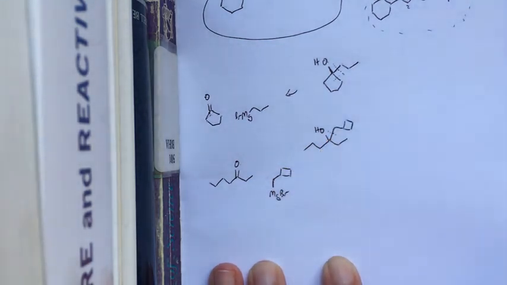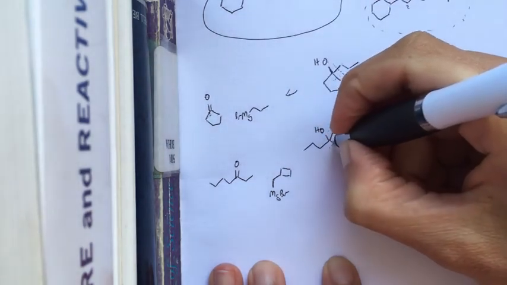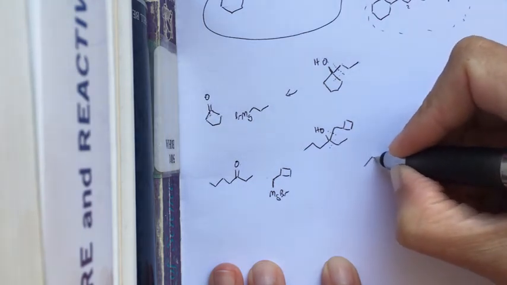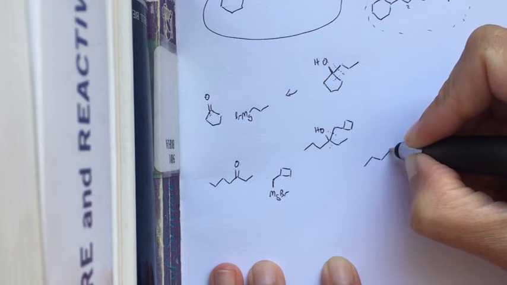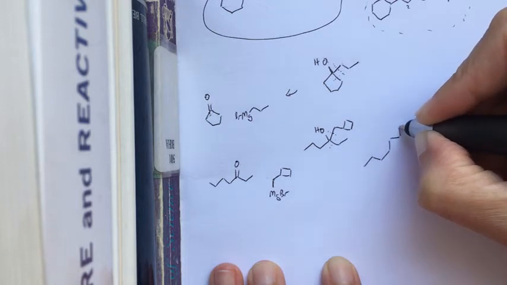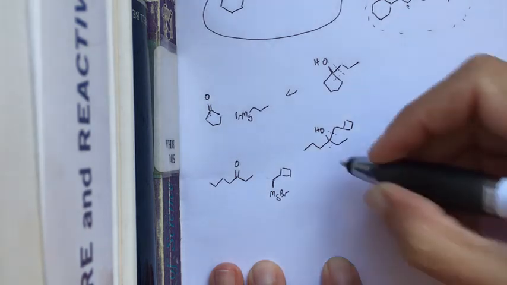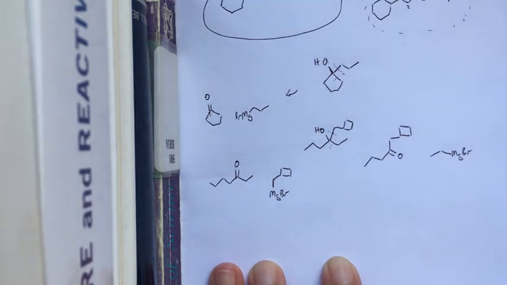Likewise, that could have been my new carbon-carbon bond formed, in which case, let's just draw this like this, this would have been my carbonyl compound, and I would have had ethyl magnesium bromide as the second half of that.